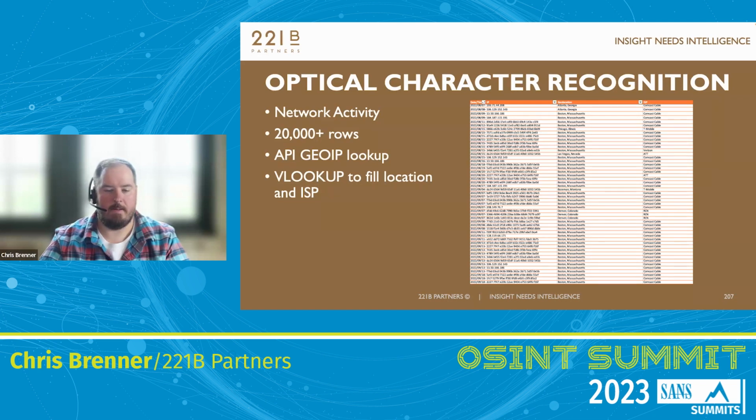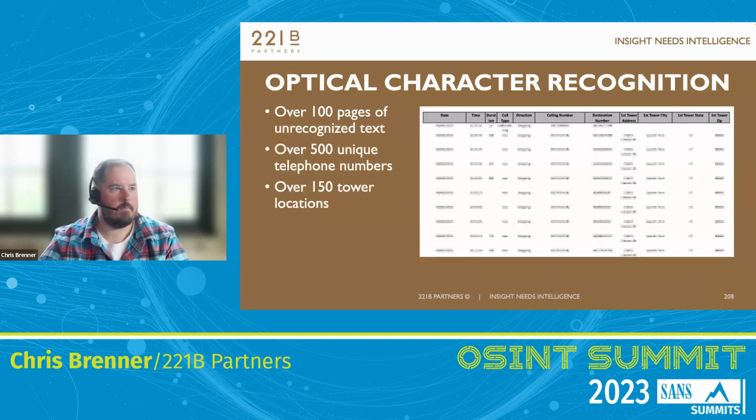A similar example involved, on that next slide, a production from a wireless provider with photocopied call records and SMS record activity that also had tower data listed, thankfully. But again, it was simply running that through OCR.